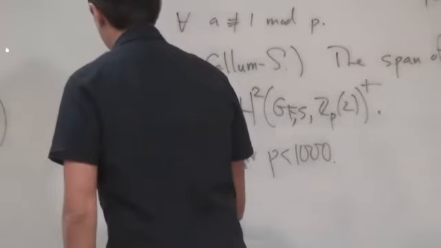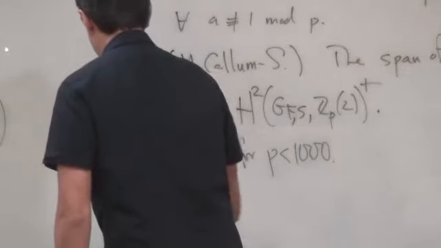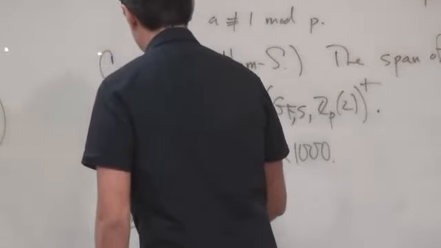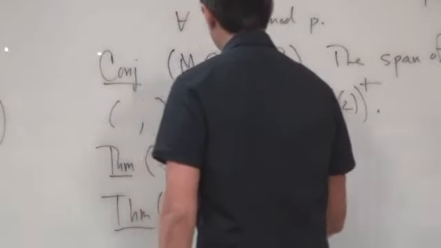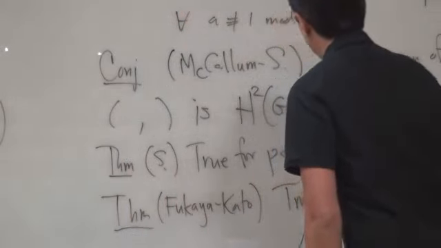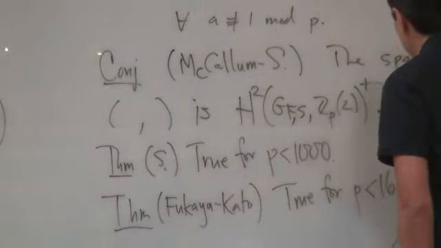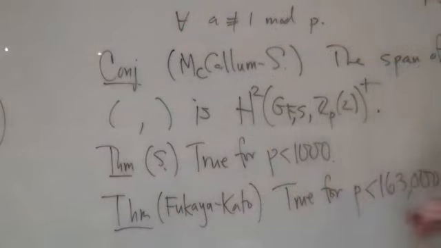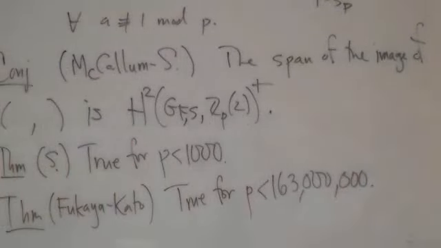Then more recently, and it's not appeared yet, but the paper is submitted, Fukaya and Kato proved that it's true for p less than 163 million. Of course, that's not what they proved. You won't find that statement in their paper anywhere. But okay, we'll see why in the next talk.